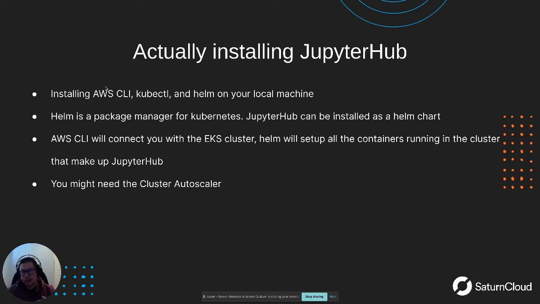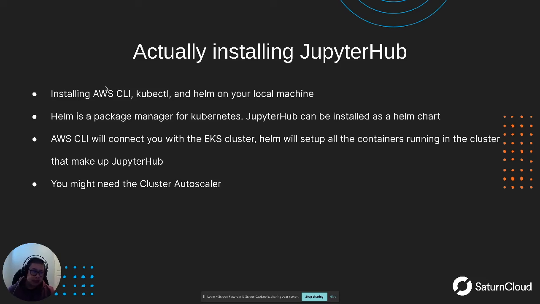It lets you see what's in it, delete resources, create resources. And Helm is a package manager for the cluster. So Helm will let you install software on that cluster. JupyterHub has been published as a Helm chart. So our article will go through using Helm to install the JupyterHub Helm chart.